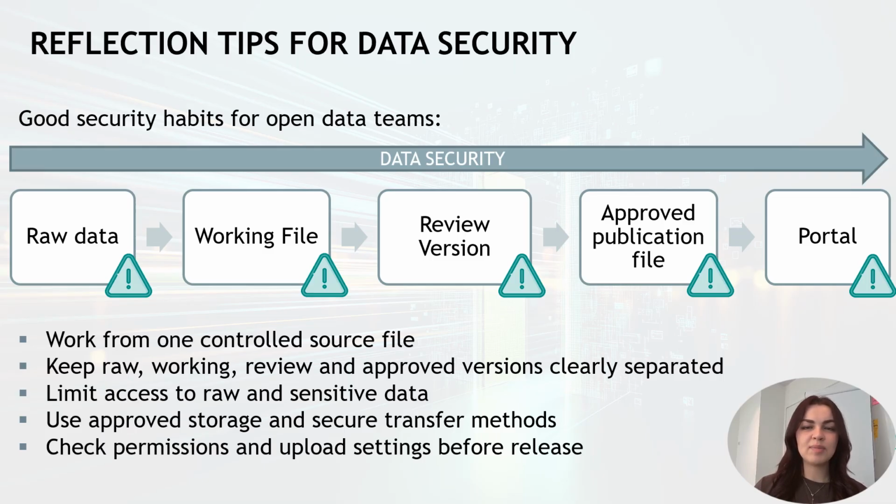Limit access to people who need it for their role. Avoid uncontrolled bulk copies and unmanaged storage locations. And before release, check that hidden columns, comments, metadata, filters, or old worksheets do not contain information that should not be public. Security itself does not make data anonymous, but it helps prevent accidental exposure, wrong uploads, and workflow mistakes.